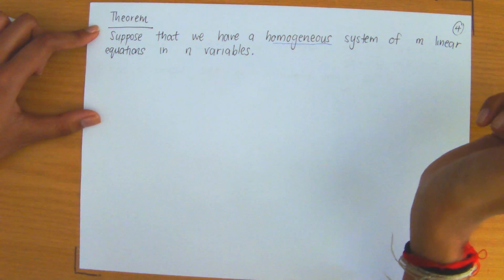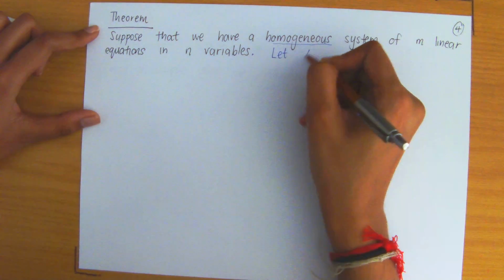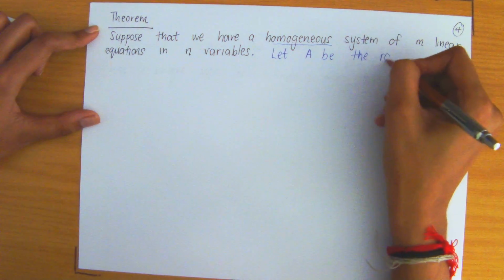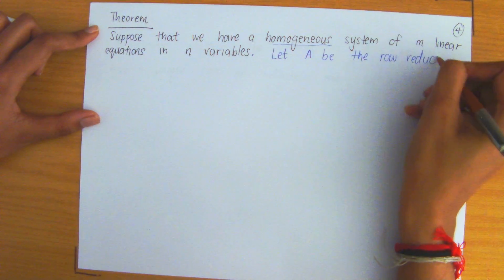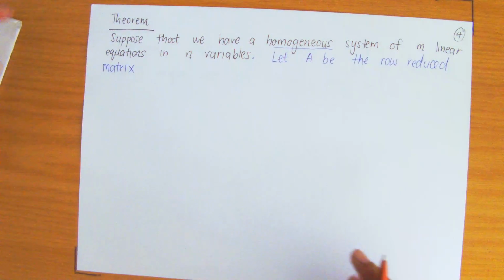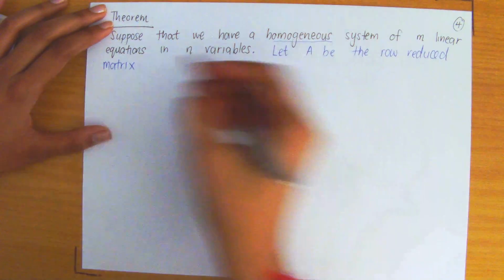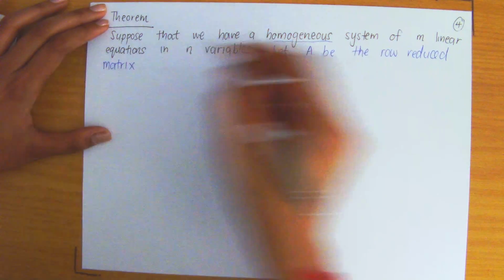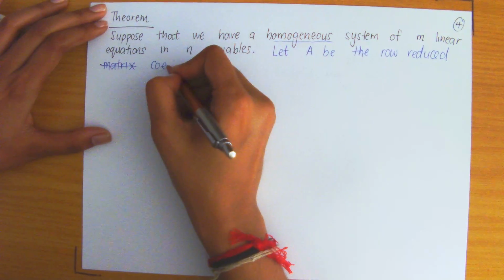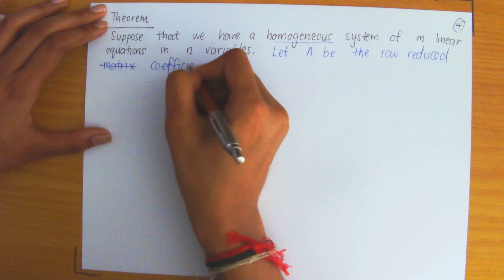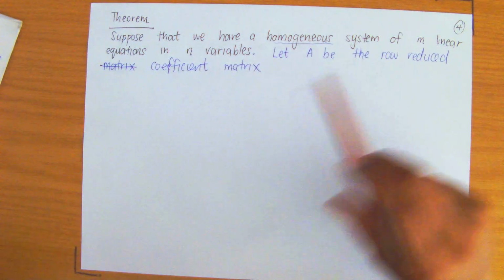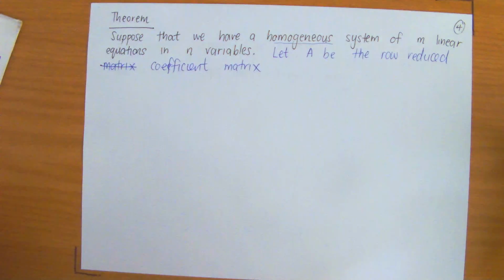Right, so now let A be the row-reduced coefficient matrix. Right, so what do we mean when we say that A is the row-reduced coefficient matrix?